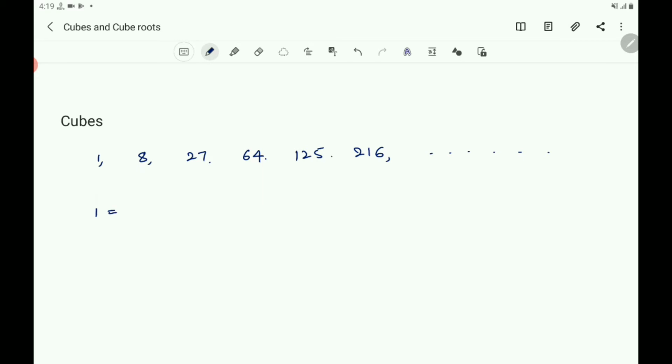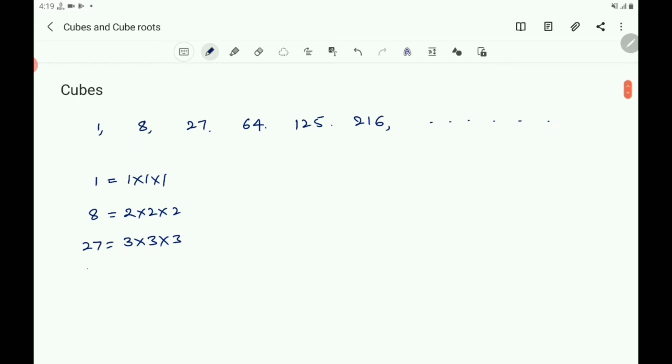Now see here, 1 is a product of 1 into 1 into 1. And 8 is a product of 2 into 2 into 2. And 27 is a product of 3 into 3 into 3. 64 is a product of 4 into 4 into 4.